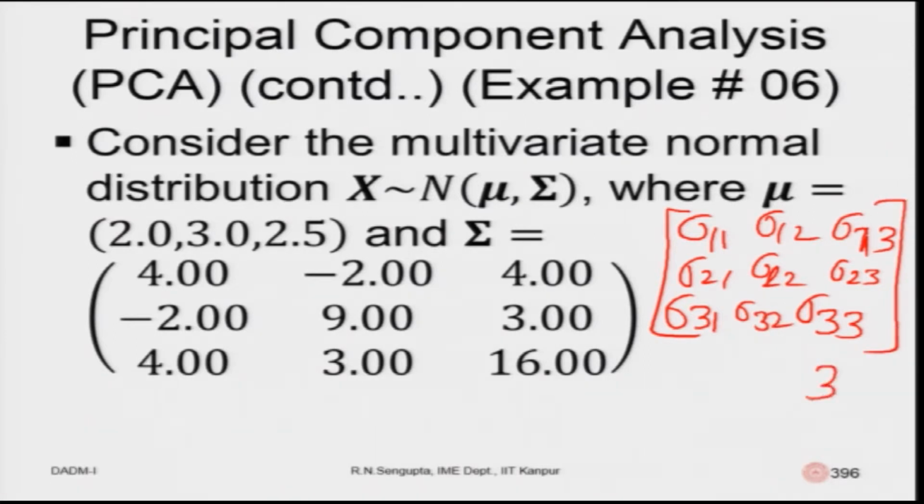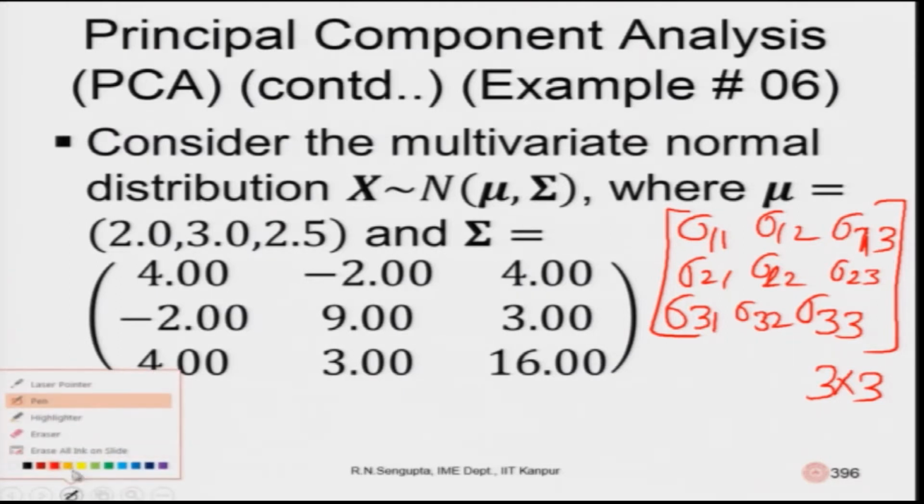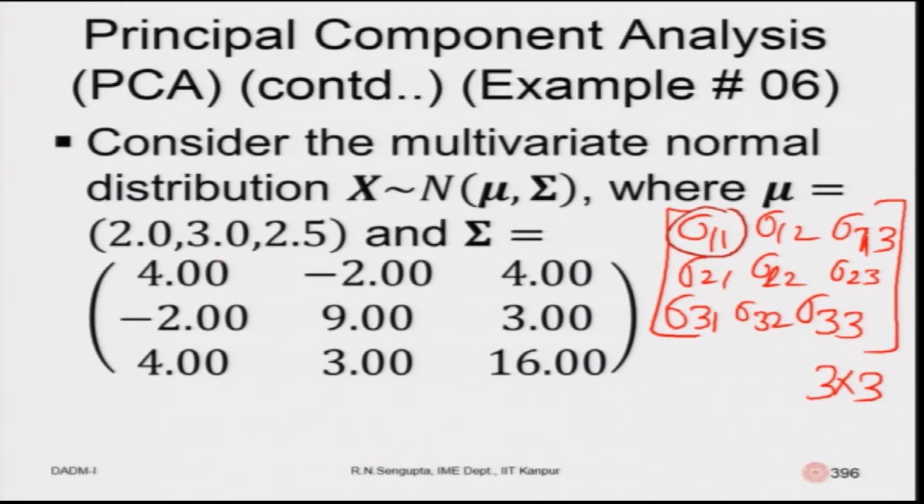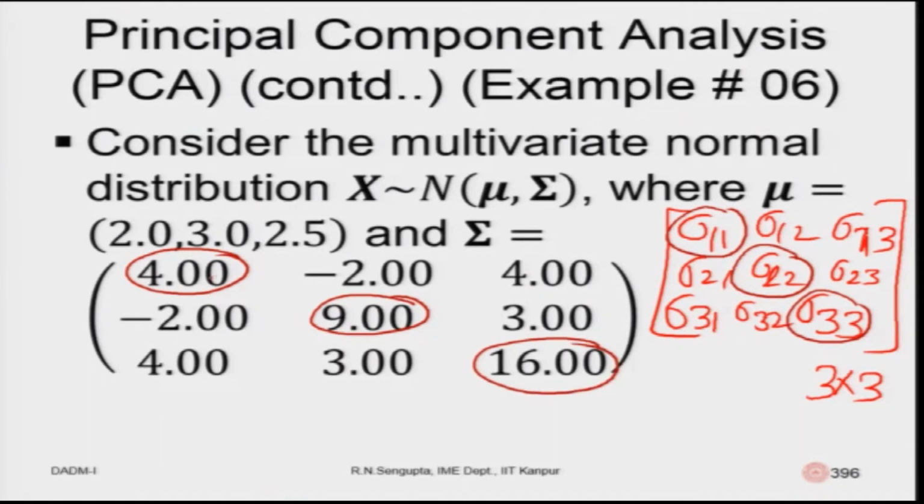So, it is 3 cross 3. Now, here are the values. This one is equal to 4, then this one is equal to 9, and this one, which is the variance of the third, is equal to 16. So, standard deviations are 2, 3, 4.